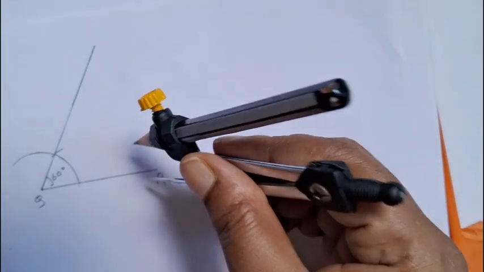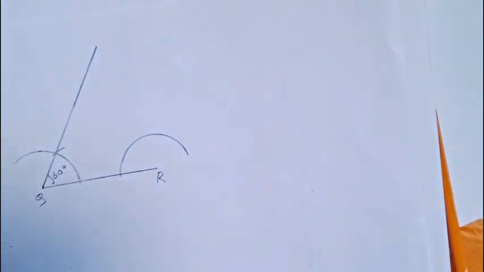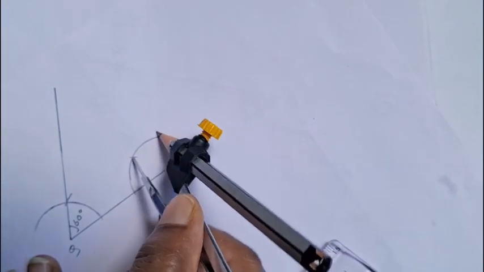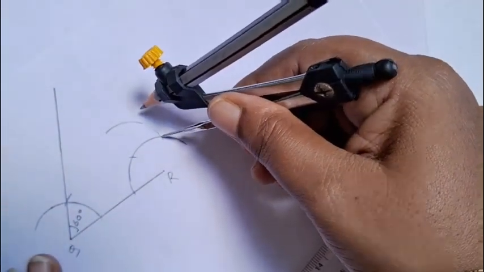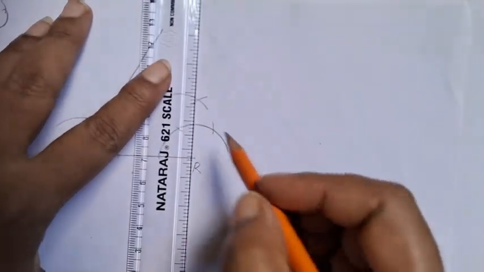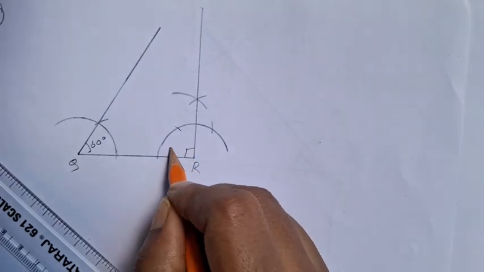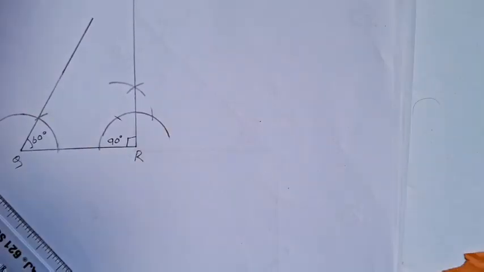So I am going to draw a 90 degree angle at the point R. And PQ is 4 centimeter.